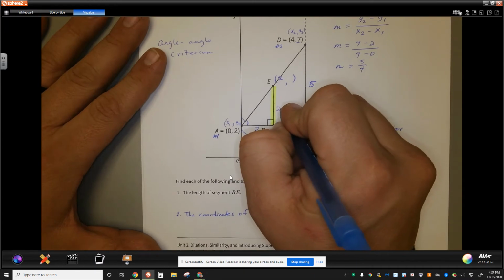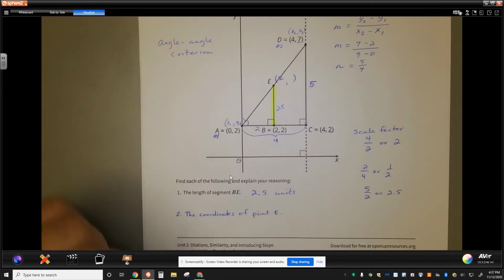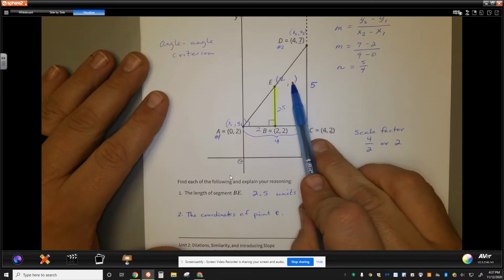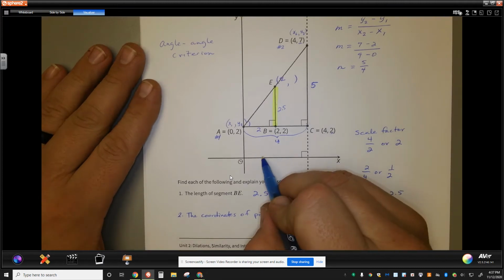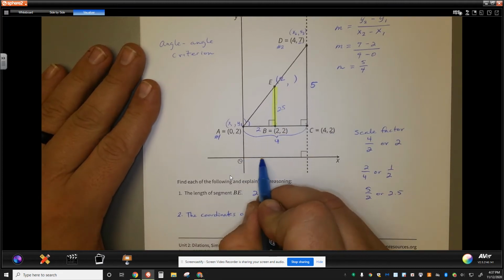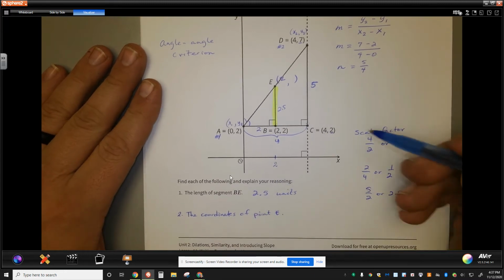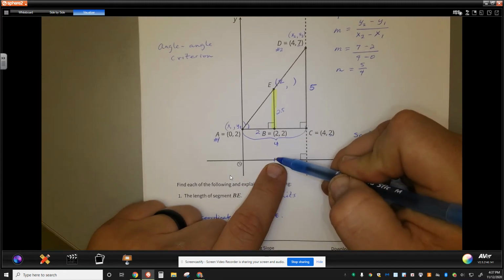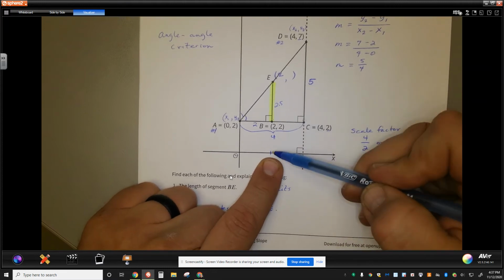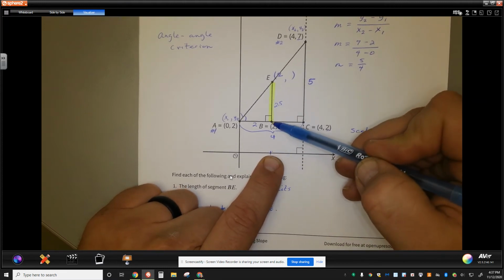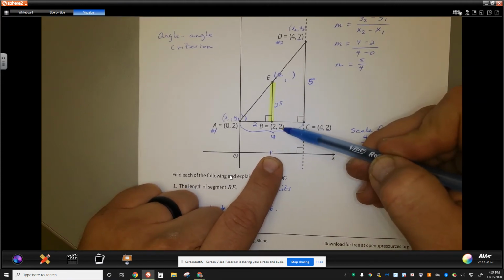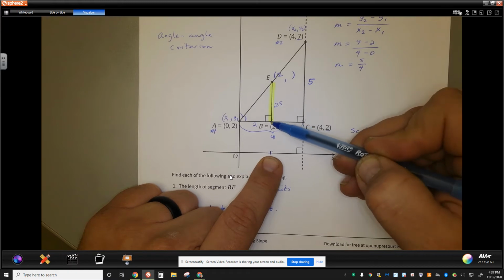Now that will be helpful for us on the next part because I'm supposed to come up with the y coordinate. To find that y coordinate, we already know x because we came across to the same vertical location right here, 2. But now we have to come up from the x-axis all the way up to here. We know from the x-axis to the bottom of the triangles is 2 units because of this ordered pair right here that told us the y is 2.